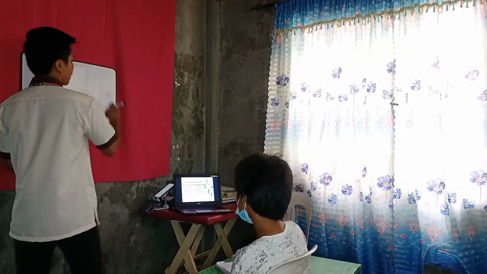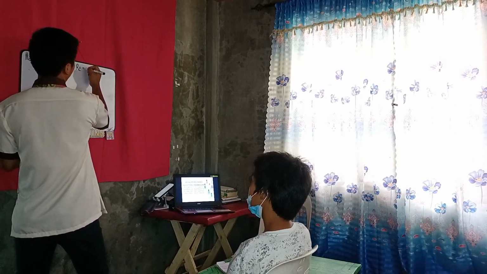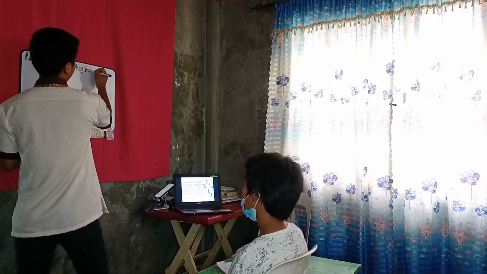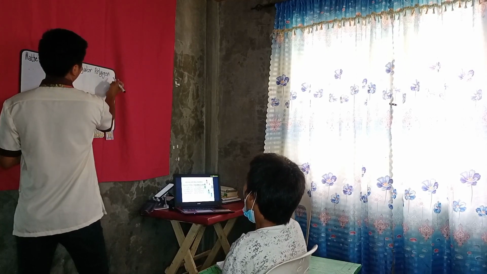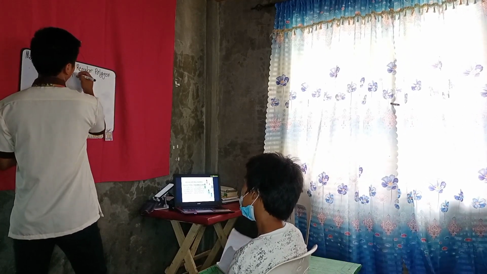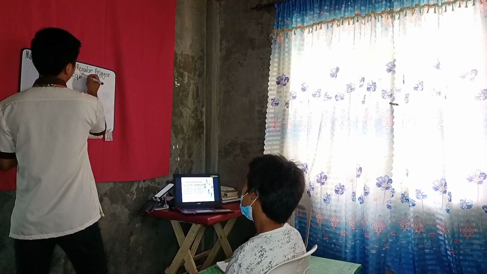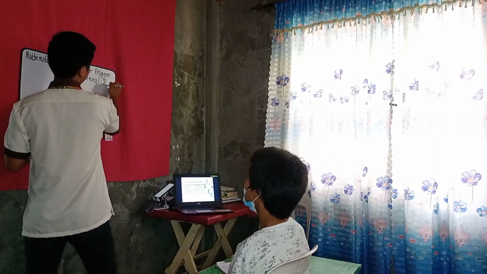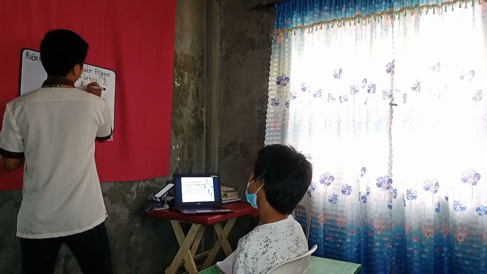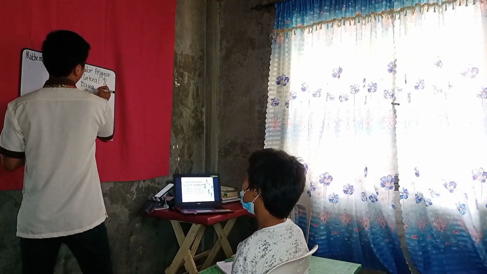So, yung polygon daw, regular polygon siya kung parehong may katangian na equilateral and equiangular.